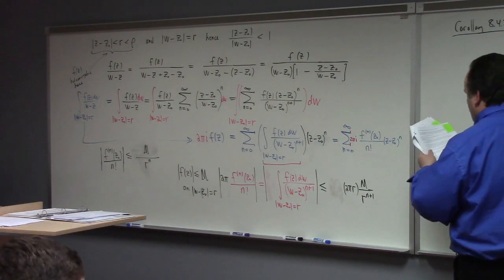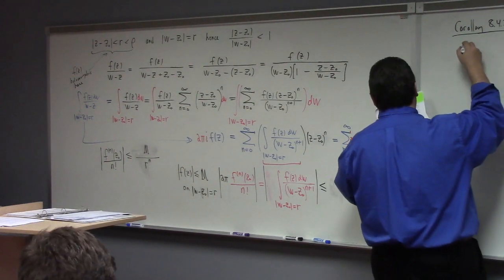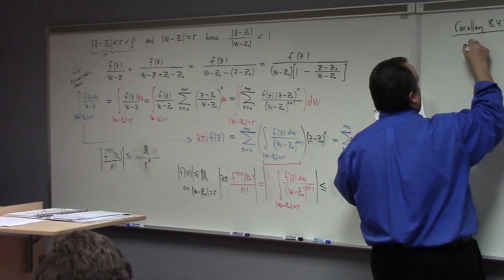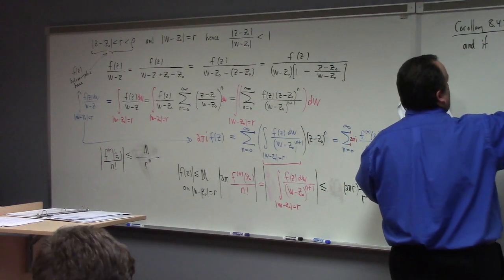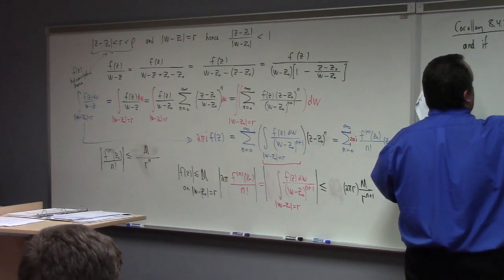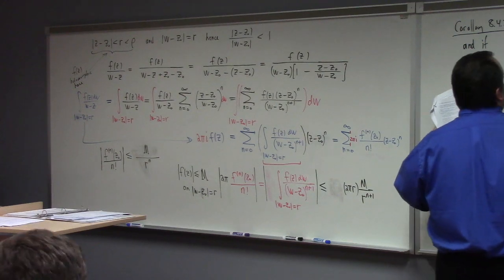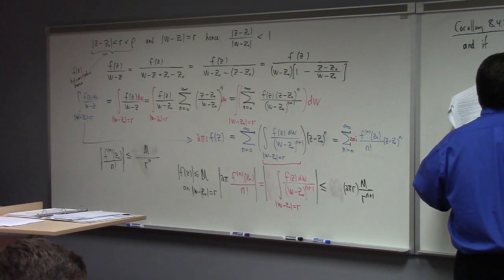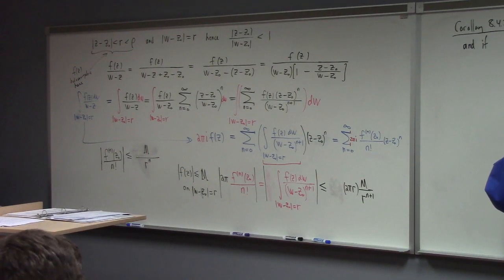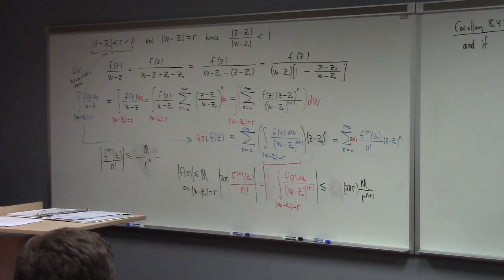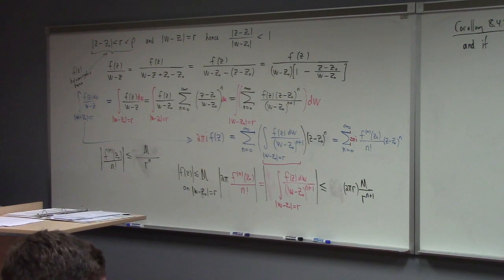So if they're holomorphic on an open disk of radius r centered at z naught, and if the kth derivative of f at z naught is equal to the kth derivative of g at z naught, for k greater than or equal to 0, then f of z is equal to g of z for modulus of z minus z naught less than r.